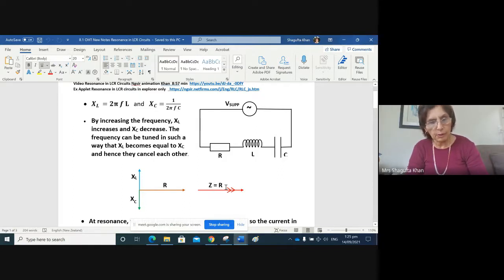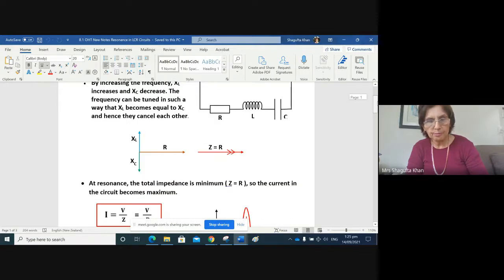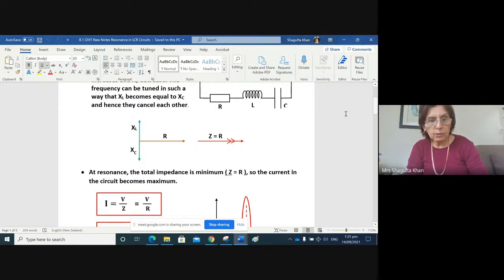That is equal to R. And if impedance is minimum, that means at this particular frequency, current will be maximum in the circuit. So current will be equal to the supply voltage over the total impedance, because at resonance, impedance Z is equal to R. So we can use either one because Z and R are the same. That will give you the maximum value of current.